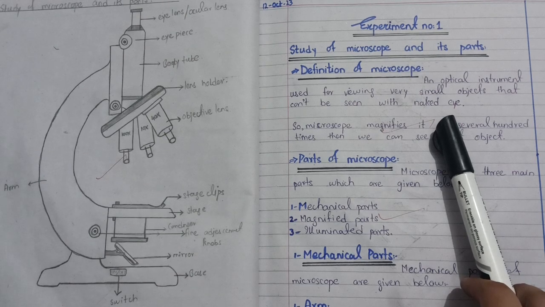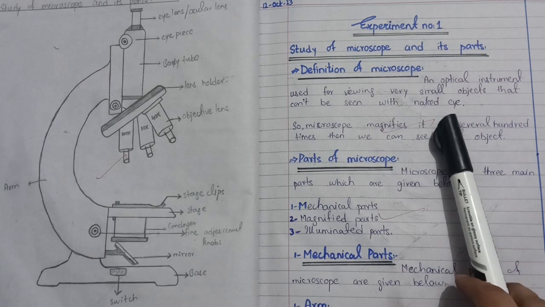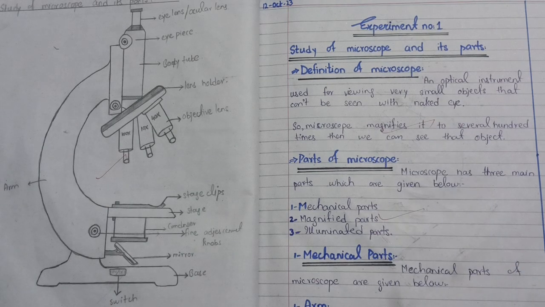All these things cannot be seen with our naked eye, but they are present. So in order to see them, we use this microscope, which is an optical instrument. The microscope magnifies them several hundred times, and then we can see these smallest objects.